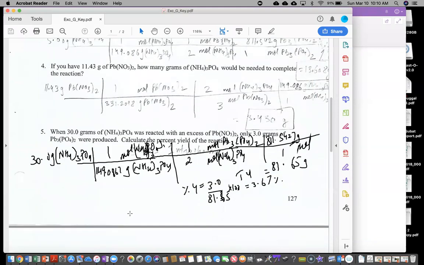Yeah, maybe you want to double check with the key. Okay. So 81, that's not the percent, that's the theoretical yield. Percent is actually only 3.67%. Right. Okay. Yeah, because that's the theoretical yield, and I just divide by that basically and multiply it out by 100, right? Yeah. Okay.